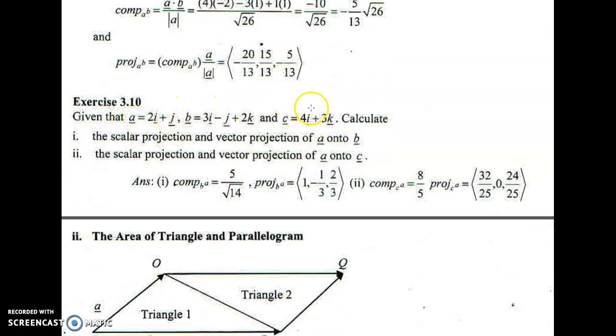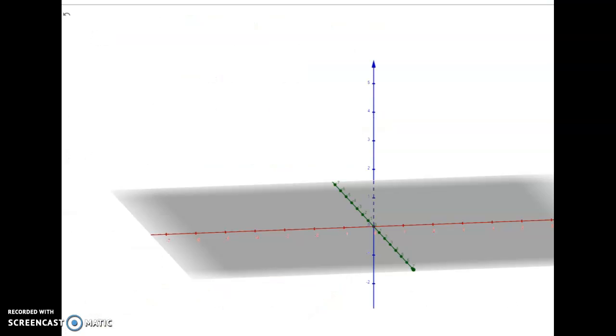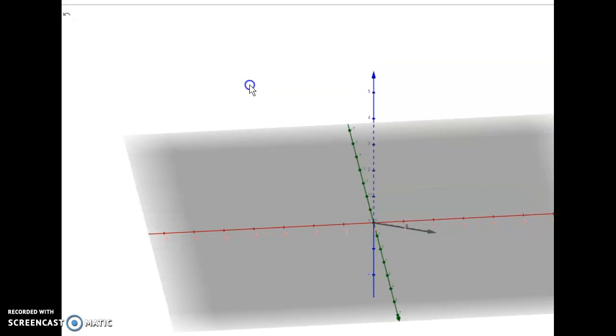We have three vectors given, A, B, and C. So first, they want us to calculate and find a scalar projection and vector projection of A onto B. Okay, so basically, if they are saying scalar projection, meaning they want us to find the component of A onto B, or the magnitude of A onto B. As for the vector projection, they want us to, after finding out the scalar projection, give them the vector of that projection. Okay, so we have here vector A, right?